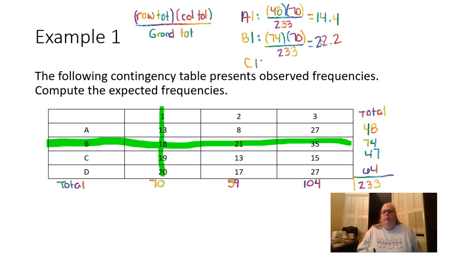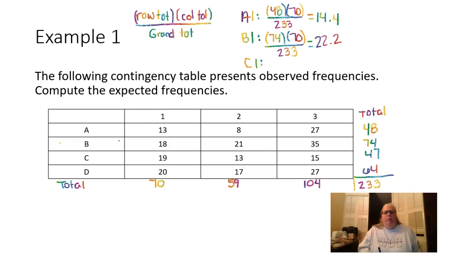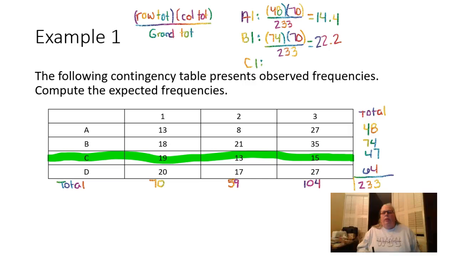All right, for C1, we're going to take those off. Let's get rid of that one. Oops. And that one. All right. Now we're looking at row C. 47 is the row total.